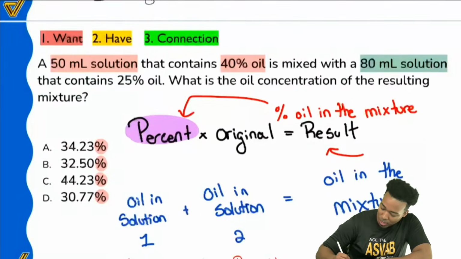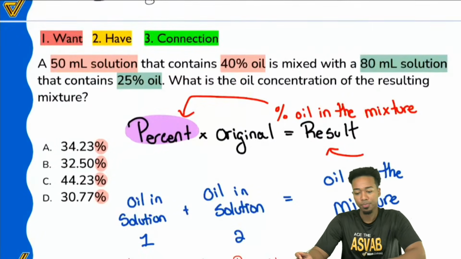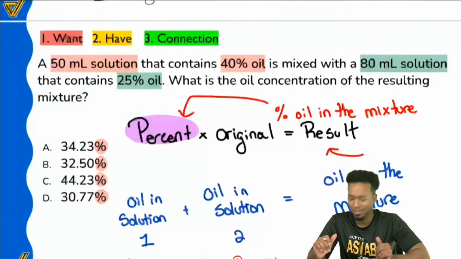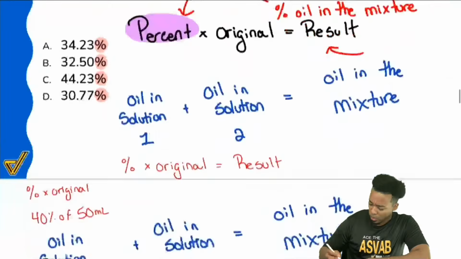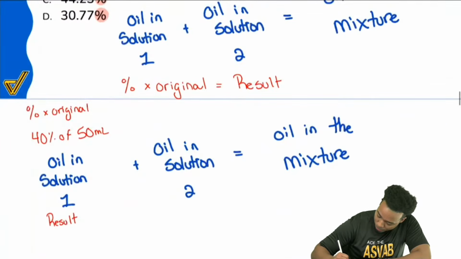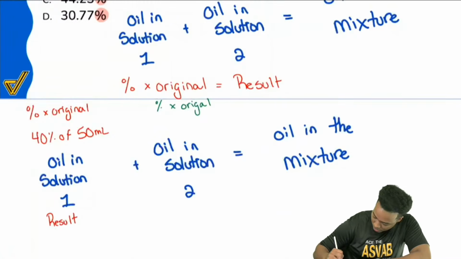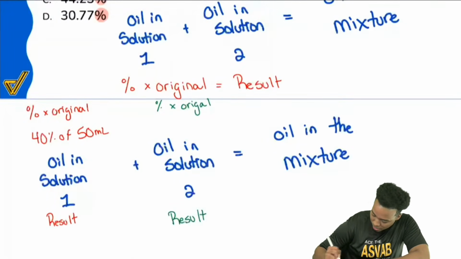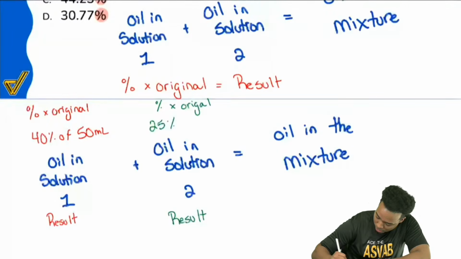And then what is the percent in solution 2? Right, that's going to be 25%. Nice and easy. So let's go ahead and copy that down here. Again, the percent times the original is going to give us the result right here. But this result is going to be 25% of 80 milliliters.